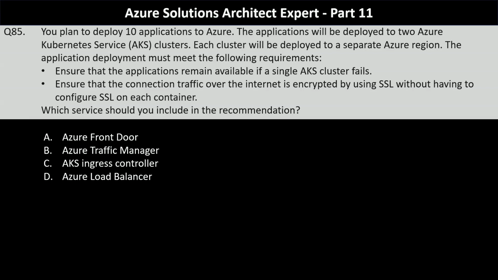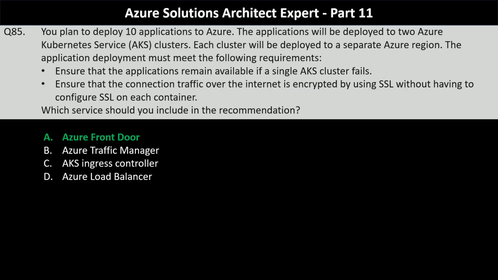Now friends, Azure Front Door would be the appropriate choice in this use case. Let's understand the reason that helped in eliminating other options. Azure Traffic Manager is a DNS-based load balancer, but it operates at the DNS level, not at the application layer, which is what we need here. AKS Ingress Controller does not handle traffic distribution between regions.